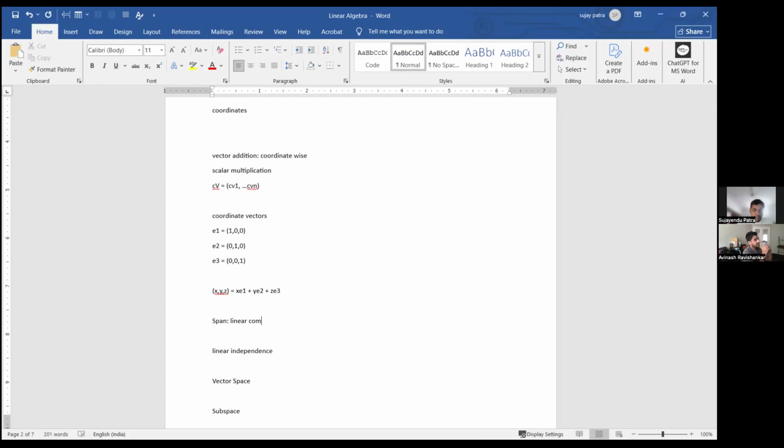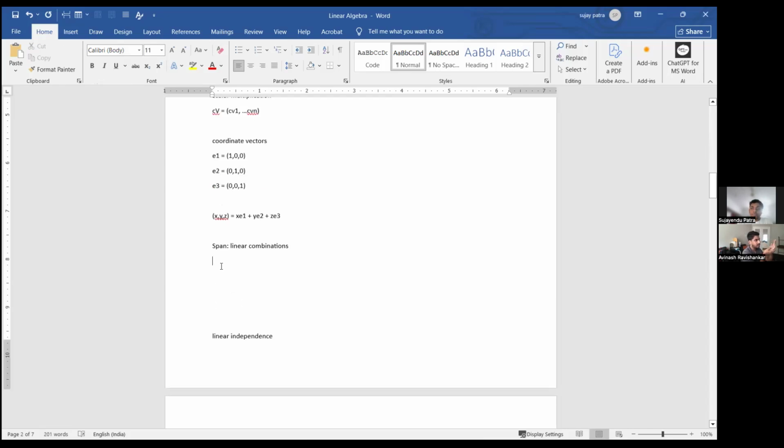I didn't understand, what is the span? What if the question asks what is the span of this vector? It's not a span of a vector, but in general, the span of a collection of vectors is the set of all linear combinations. Let me write it down.